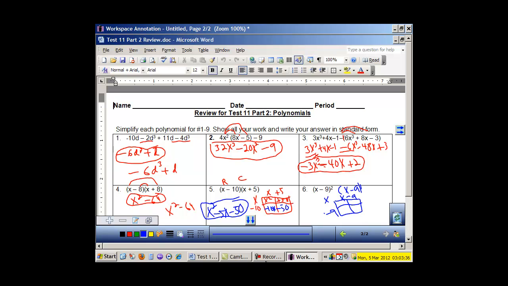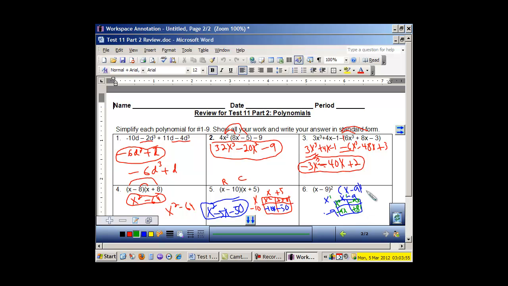So that's x squared. X times x is x squared, because we're just going to add the exponents. Negative 9 times x is negative 9x. Negative 9 times x is negative 9x. 9 times 9 is 81, but 2 negatives is positive 81.